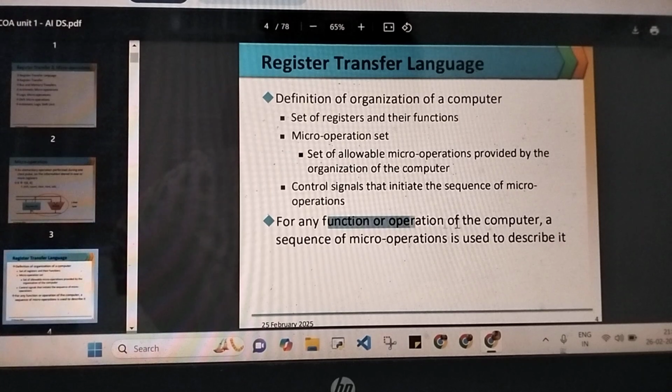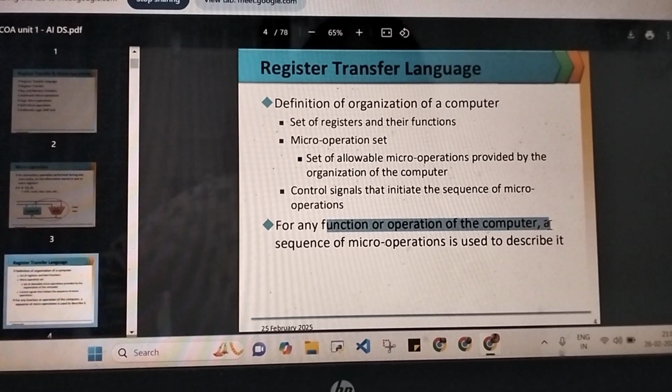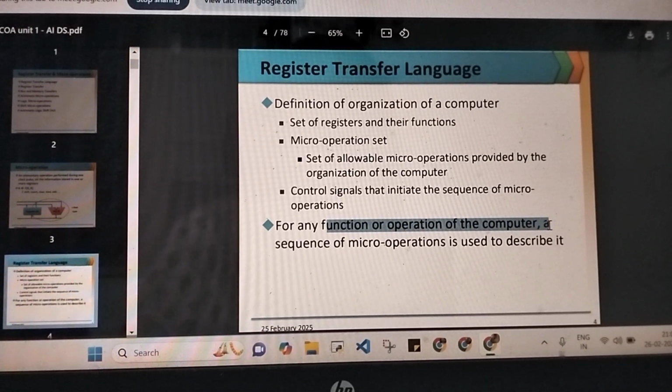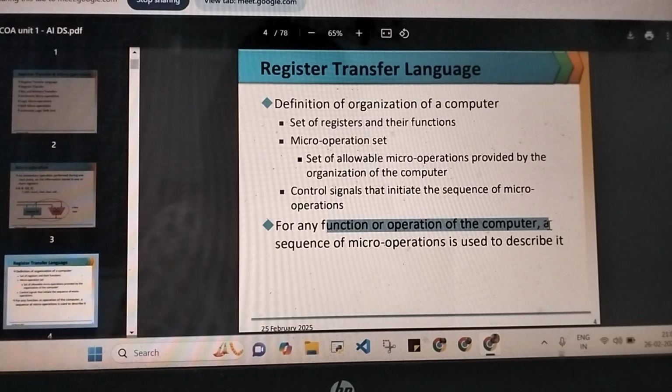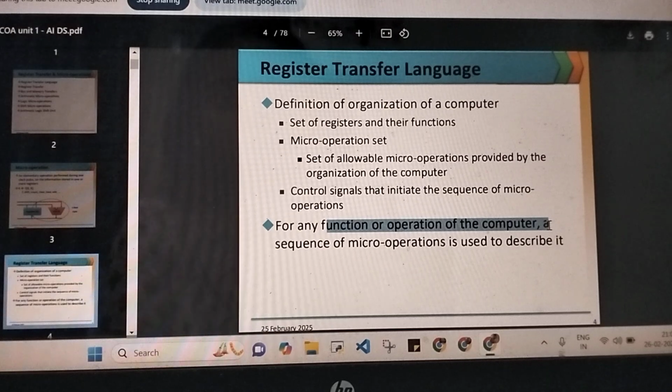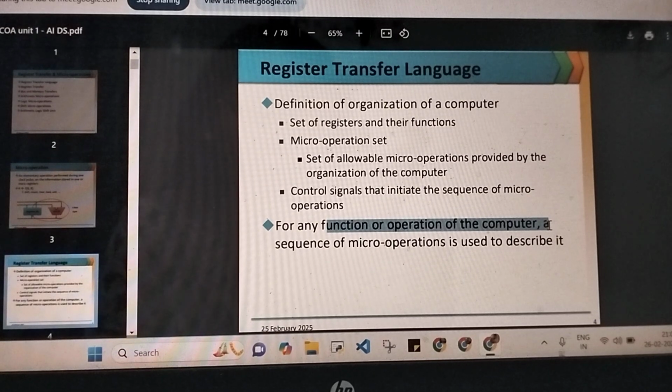And any function or operation of a computer is broken down into a sequence of micro operations. So when you write a print statement, an addition statement, a loop, a recursive code, whatever you write, at the register level it is broken down into a set of micro operations, or further indivisible operations.